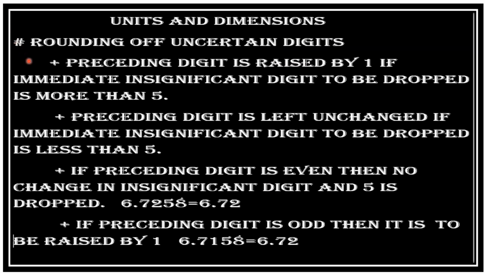Next, coming to rounding of uncertain digits. The preceding digit is raised by 1 if the immediate insignificant digit to be dropped is more than 5. The preceding digit is left unchanged if the immediate insignificant digit to be dropped is less than 5.